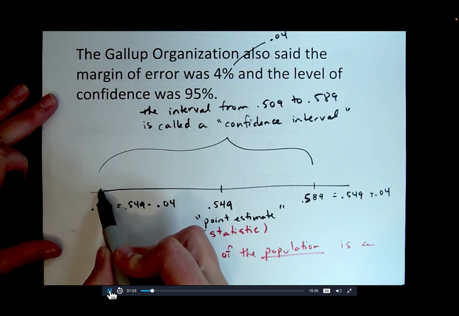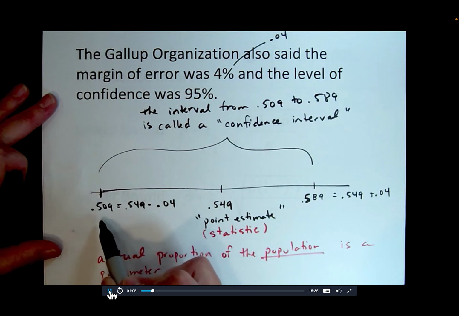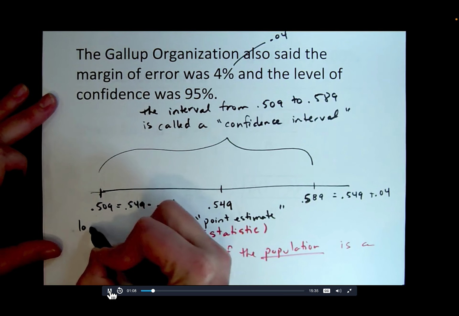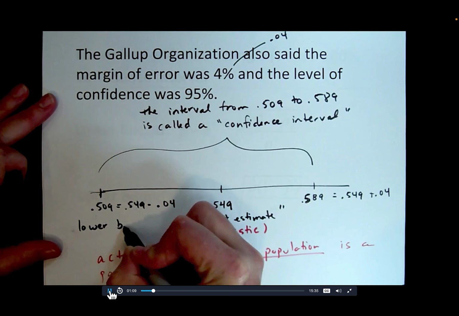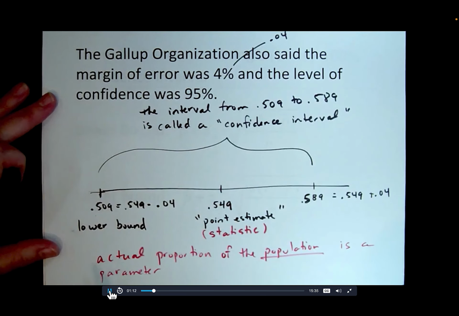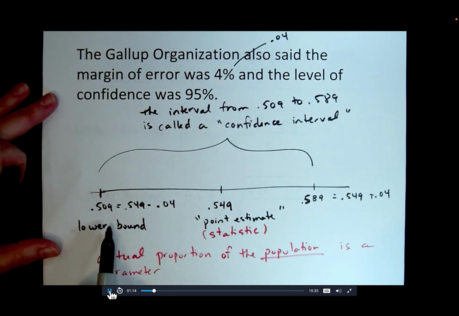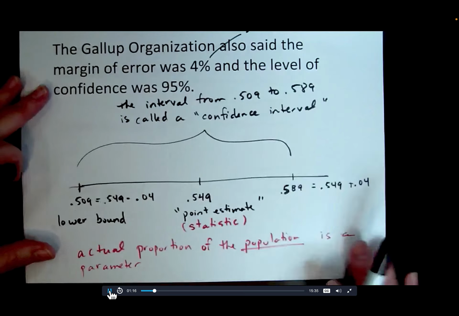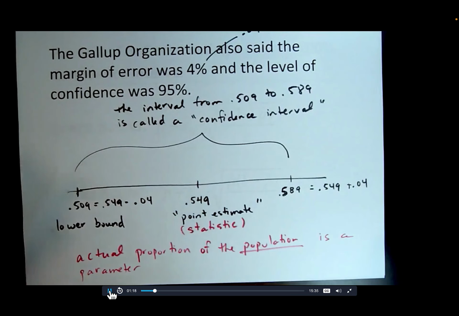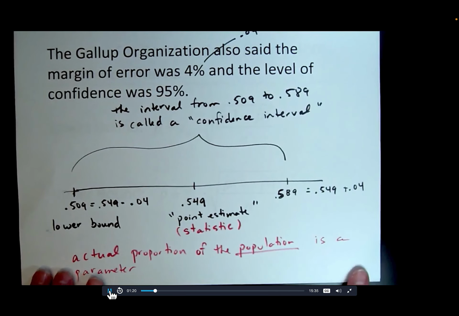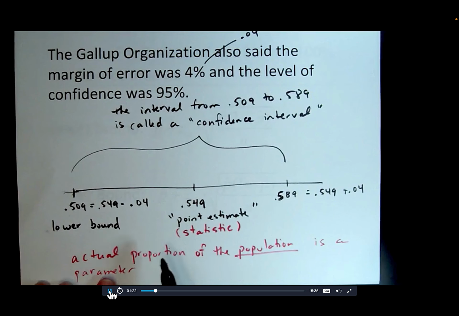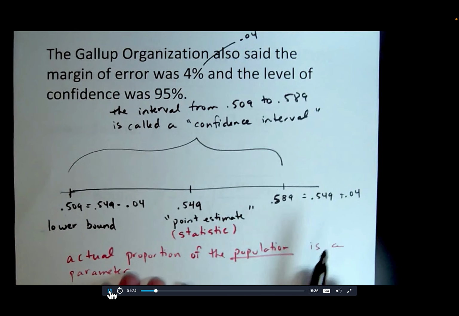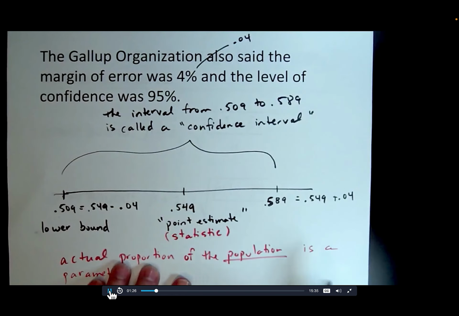The left-hand endpoint of the confidence interval is called the lower bound. What I just read to you was the formula for getting that. This is some formula that probably the Gallup organization used. They don't share that with you, but this is how we're now going to learn to do what the Gallup organization did here.